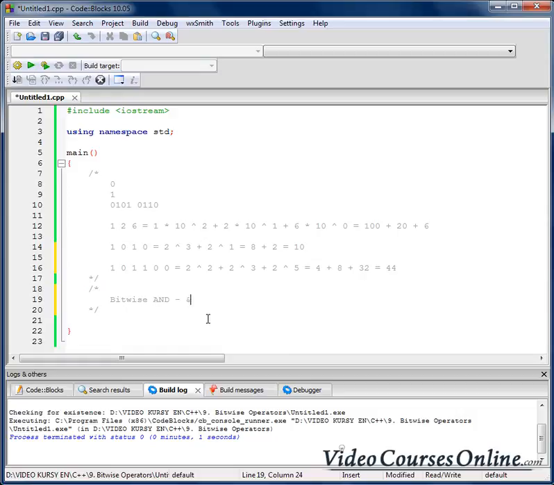It works like relational operator AND, but remember, this time we are operating on bits, not on the results of expressions. Okay, we have got also bitwise OR, which is 1 pipe, and it works like relational operator OR, but this time again we are operating on bits, not on the results of expressions.